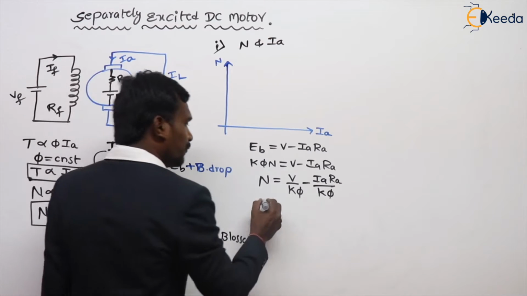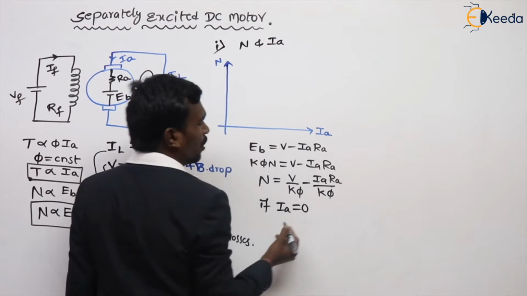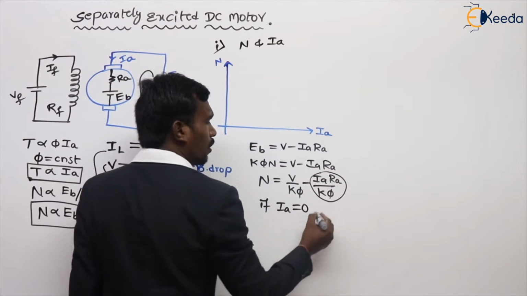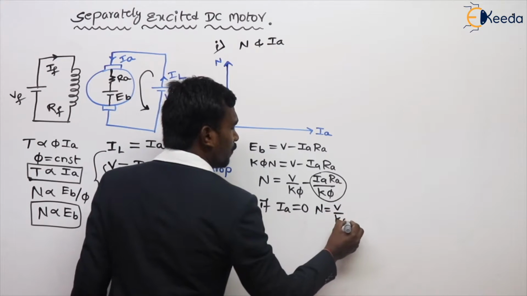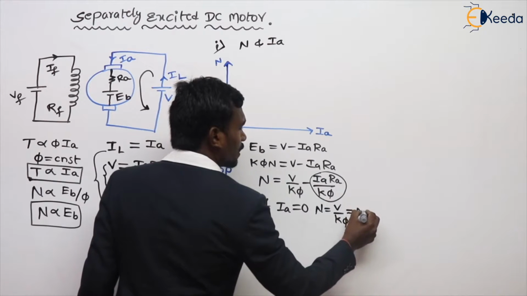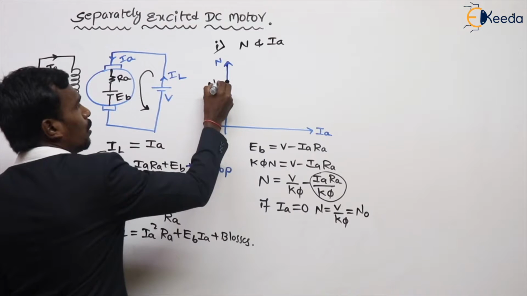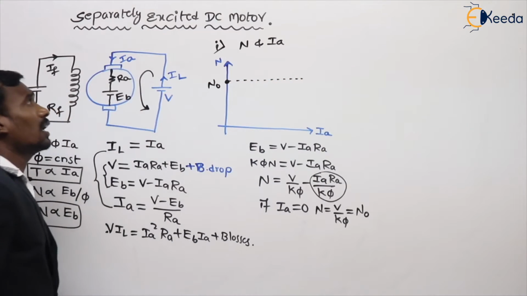Okay. If IA is equal to 0, this value is 0, then N is equal to V by K phi, which is equal to the no load speed. This is my no load speed of the separately excited motor.